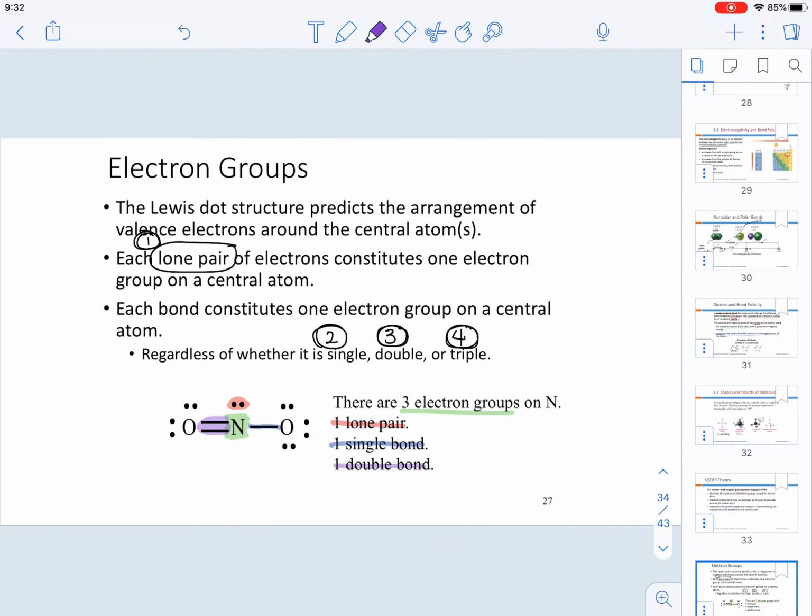Again, each one of those constitutes one electron group.